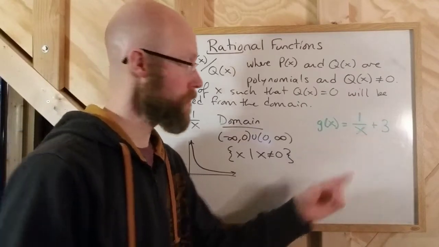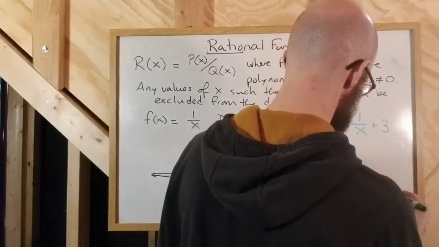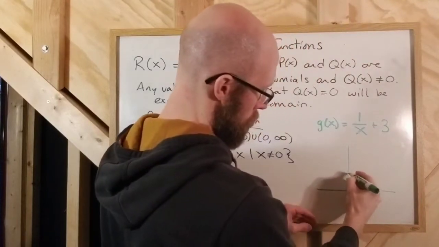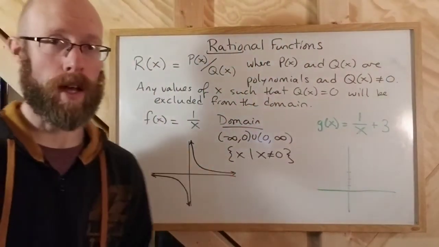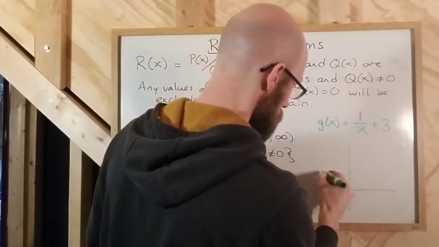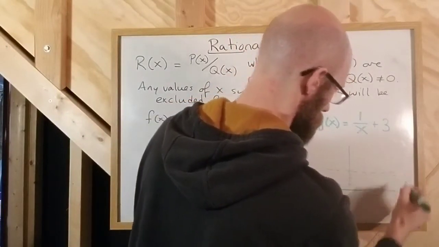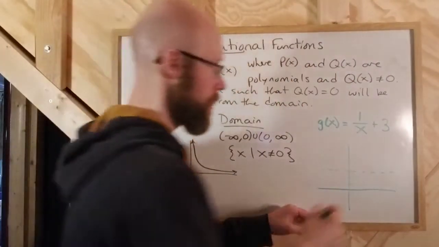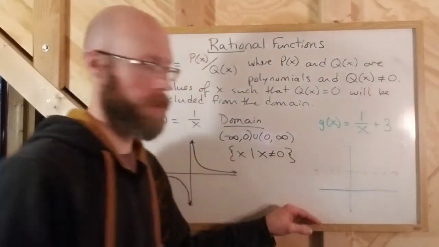But the graph simply moves up 3 units. So instead of there being a horizontal asymptote at 0, it's now going to be up at 3. Okay, so 3 units high, that's your horizontal asymptote.